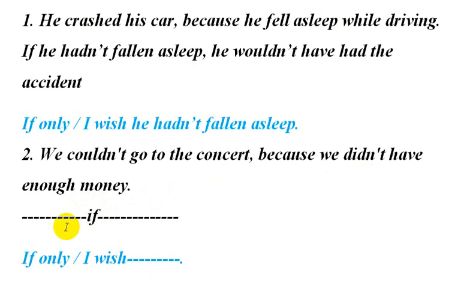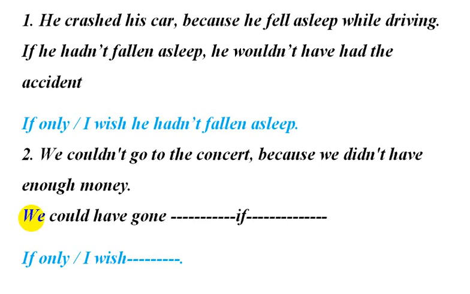Let's start. What do you think? How could we fix this sentence using the condition? We could not go to the concert because we did not have enough money. So we could have gone where? To the concert. If what? What's the imaginary condition in the past here?